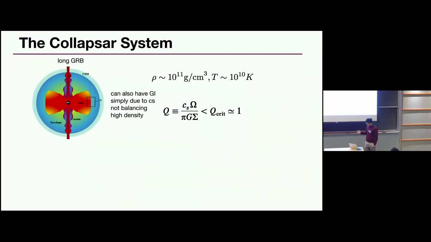But if we extend this disk, if it's dense enough, towards a few hundred Schwarzschild radii, it will also become gravitationally unstable. Despite a very high temperature and a high thermal velocity, these disks are just too dense, so the denominator is huge. And then if you extend to outer radii where omega drops below some threshold, then you can get gravitational instability.